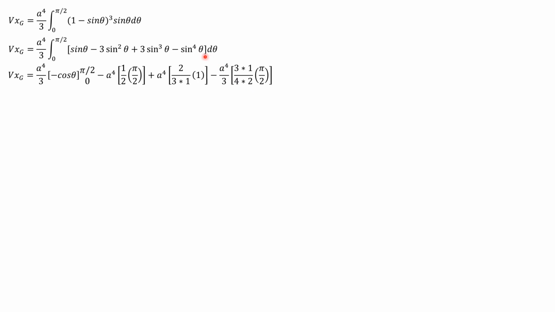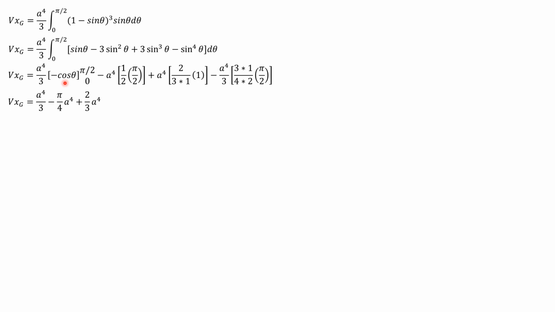Both 4 and 0 for cosine. Imagine we have cosine to the 0, even, so pi over 2. So volume times x sub g is negative a to the fourth over 3.